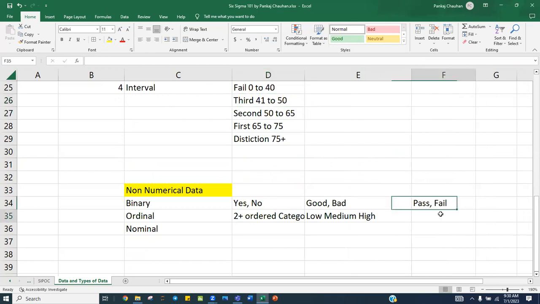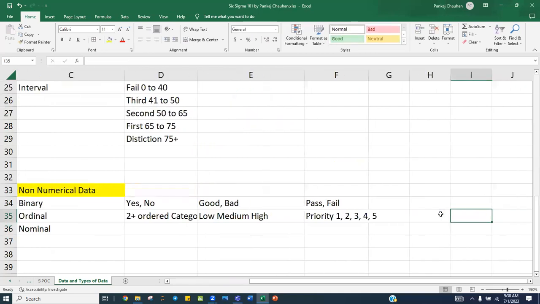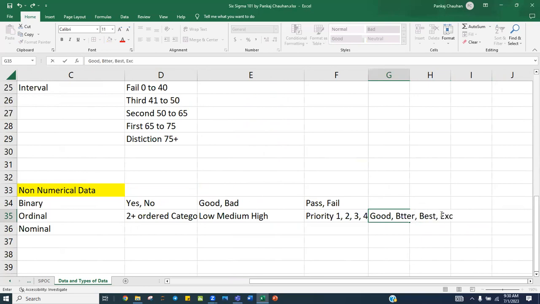In a similar way, you go for the priority of any ticket, and generally we decide when you are raising a ticket in your organization, like priority 1, 2, 3, 4, or 5. Sometimes you will say good, or maybe better, maybe best, or let's say excellent. Then it's ordinal data.